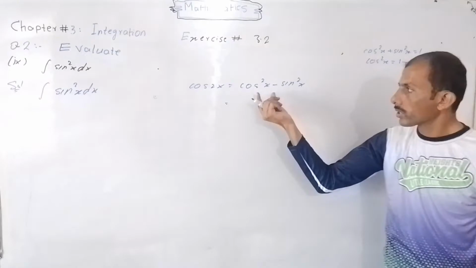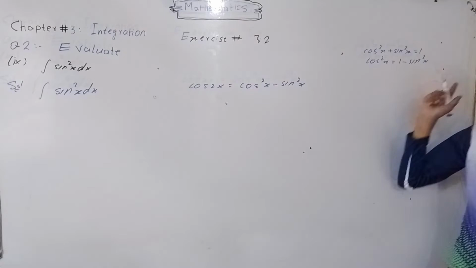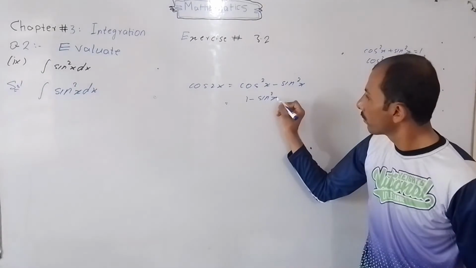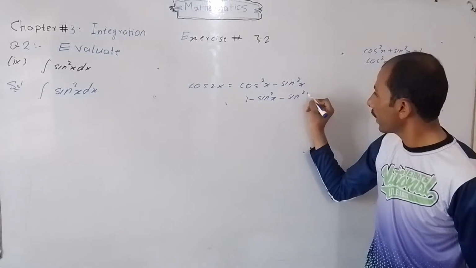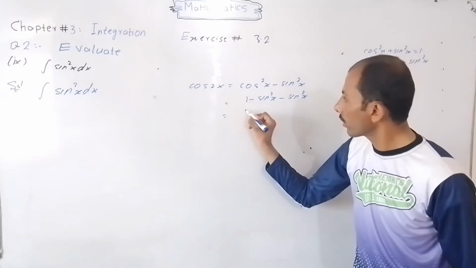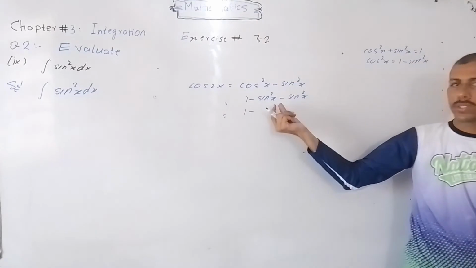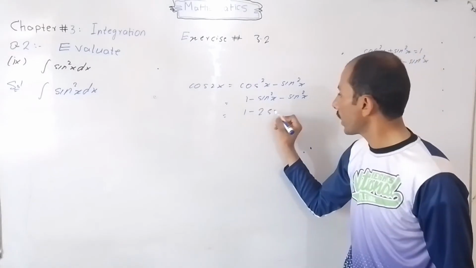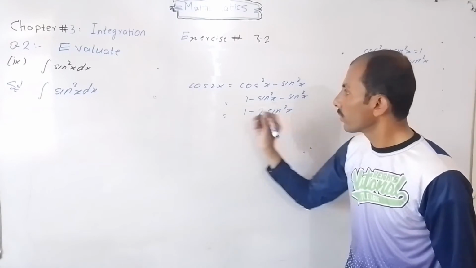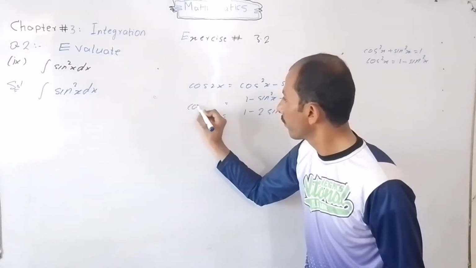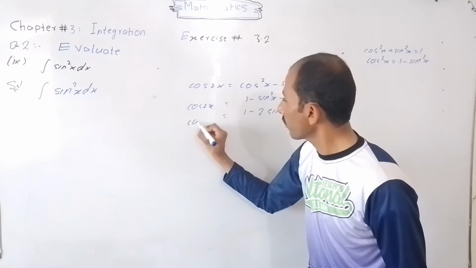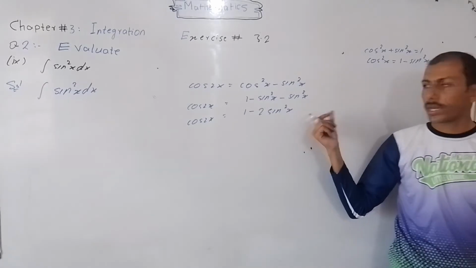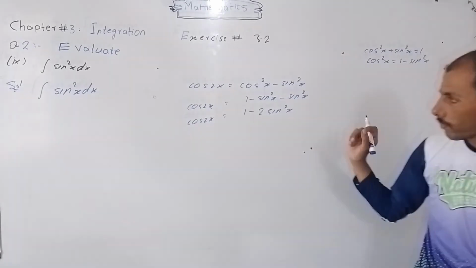So cos 2x is equal to 1 minus sine square x minus sine square x, which is equal to 1 minus 2 sine square x.